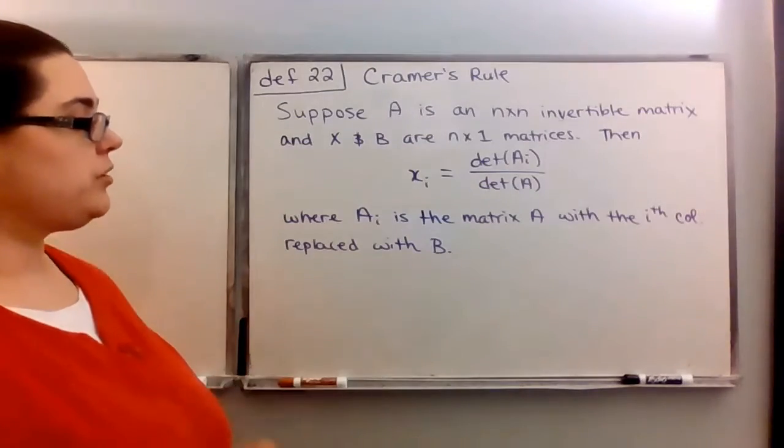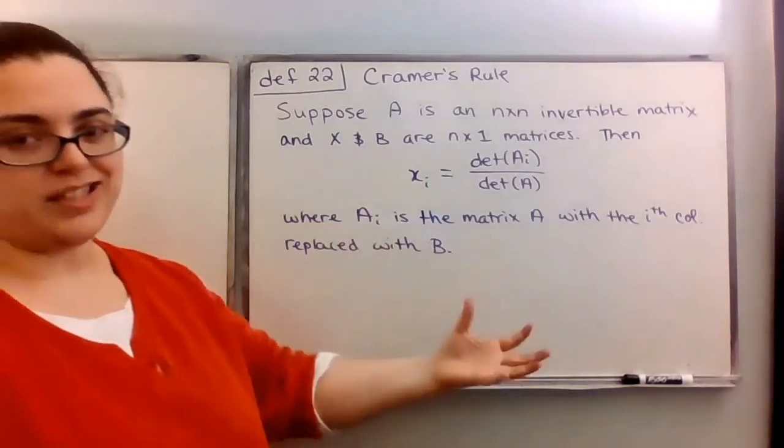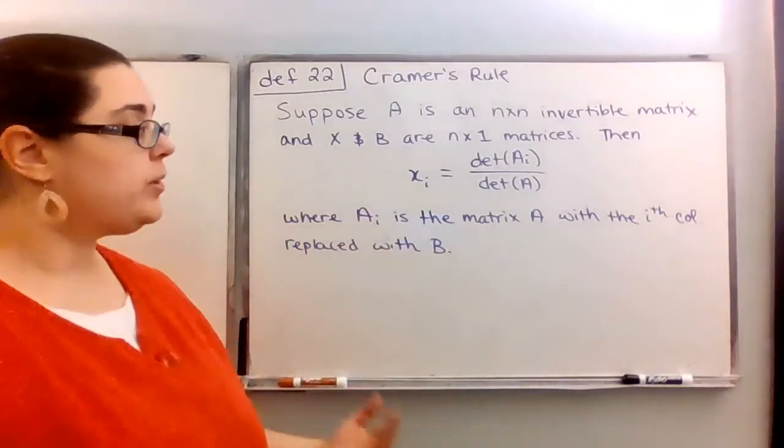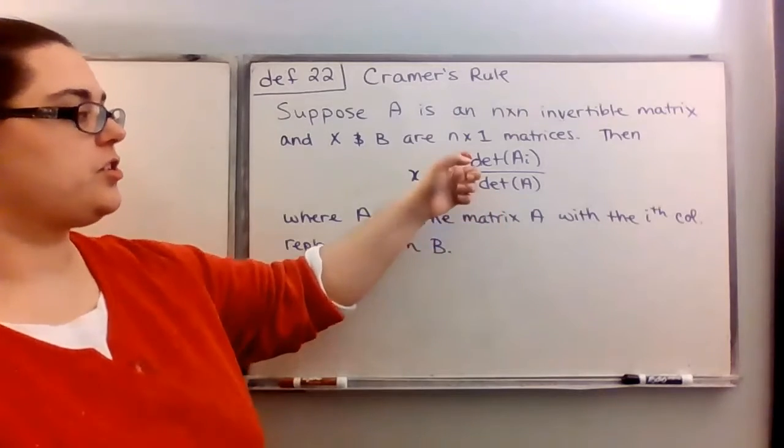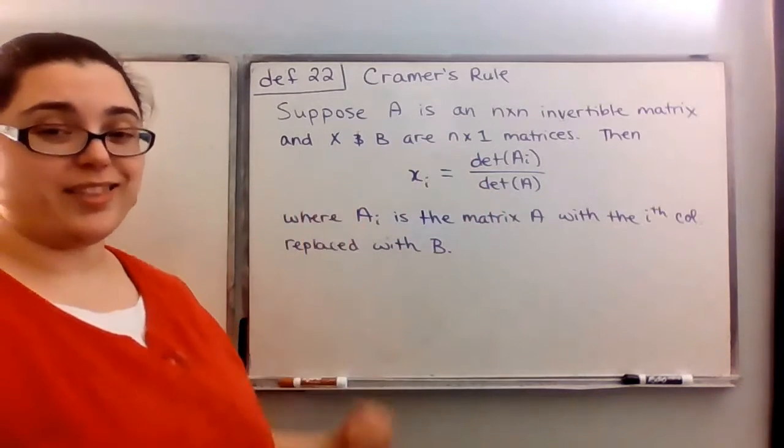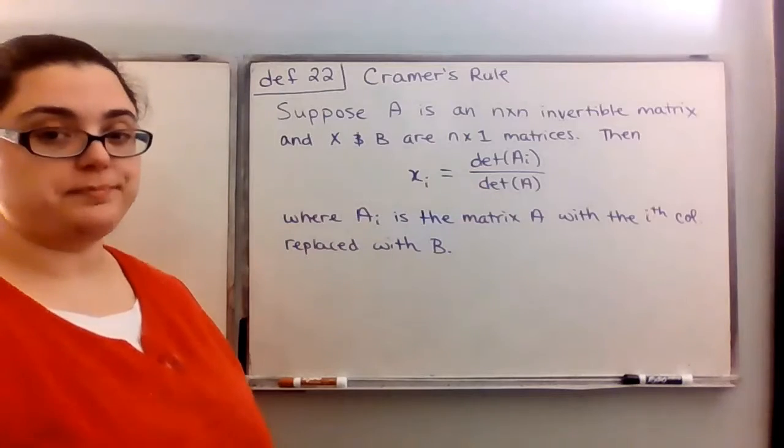So in order to find the value for one particular variable, we can find the determinant of A and the determinant of A with the ith column replaced by matrix B.